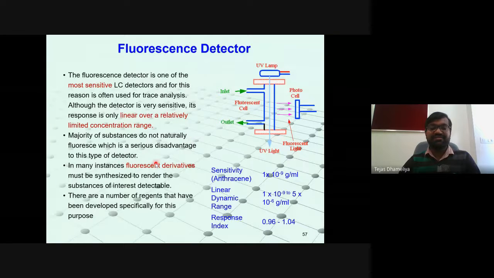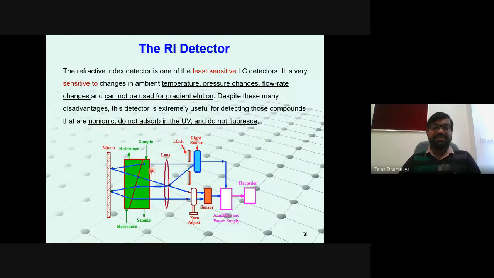It is mainly required for fluorescent derivatives. You might have synthesized so many fluorescent dyes, azo dyes or whatever. They all are kind of light greenish color. These are the fluorescent substances. This is a choice of detector in HPLC.